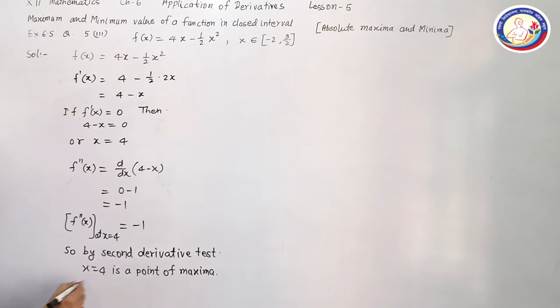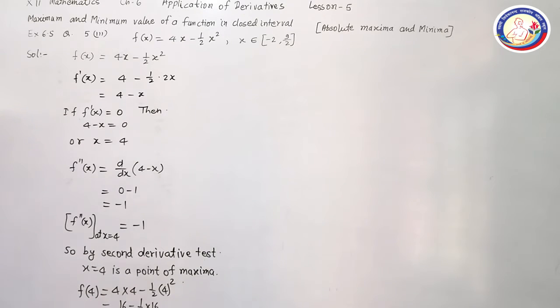And f(4) is equal to 4 into 4 minus 1 by 2 into 4 square, that is 16 minus 1 upon 2 into 16, and this is 16 minus 8, that is equal to 8. So there exists only one critical point, and at the critical point there exists a maximum value, and the maximum value at x equal to 4 comes out to be 8.